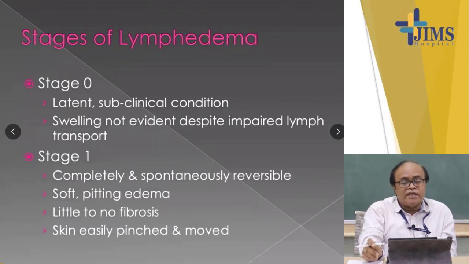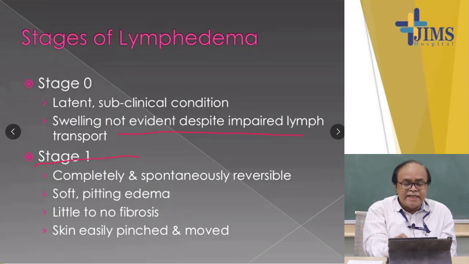Stages of lymphedema. Stage 0 is latent or subclinical: swelling is not evident despite impaired lymph transport. This is latent, it is not easily recognized. Stage 1 is completely and spontaneously reversible.